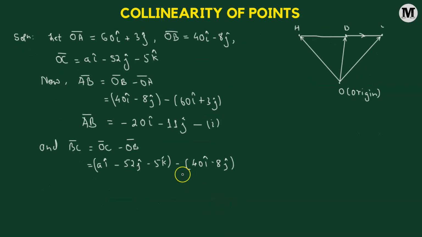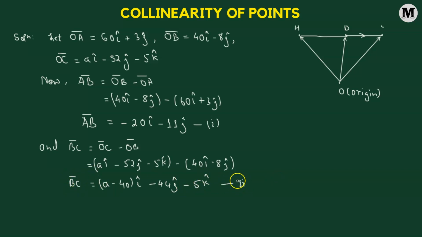That means we have a minus 40 as the component of i cap, then negative 52 plus 8, so negative 44 j cap, and negative 5k cap. So this is the vector BC.